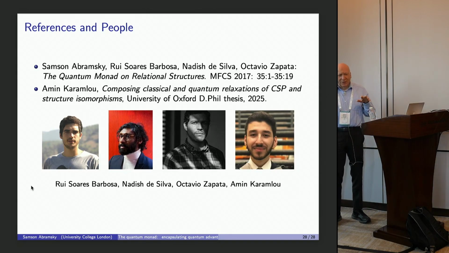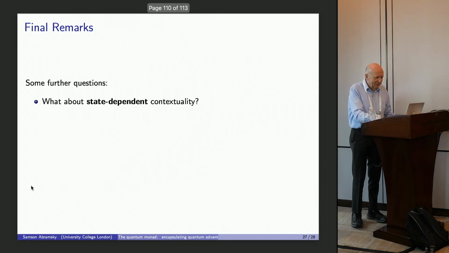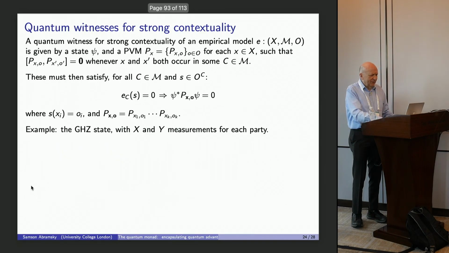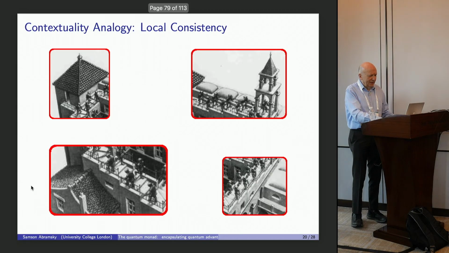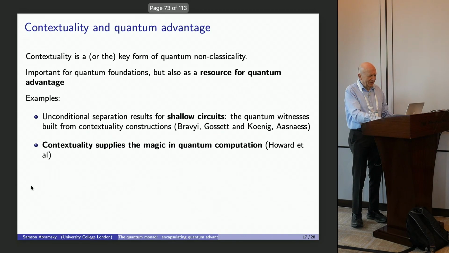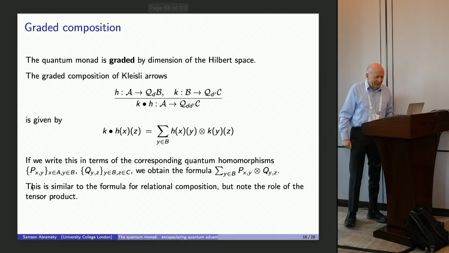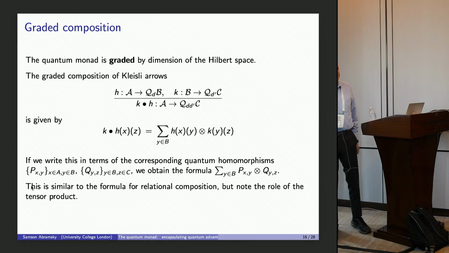The point is, when you're composing, it's useful to go back. The point about the grading is that you need to describe these projector-valued things, and there has to be enough room for the projectors to live. So you get this tensor product coming in.